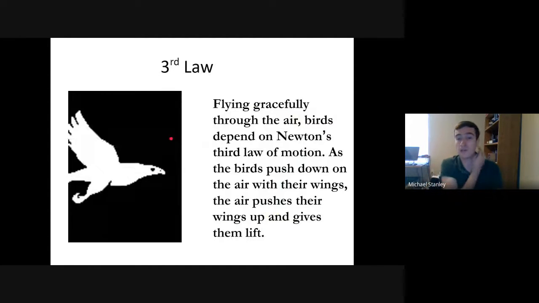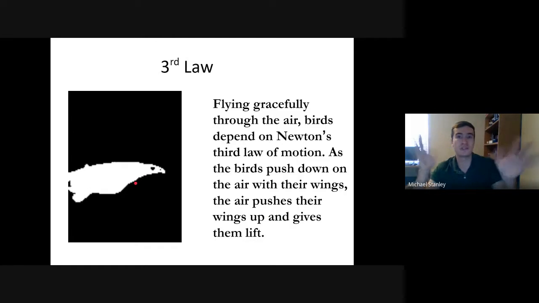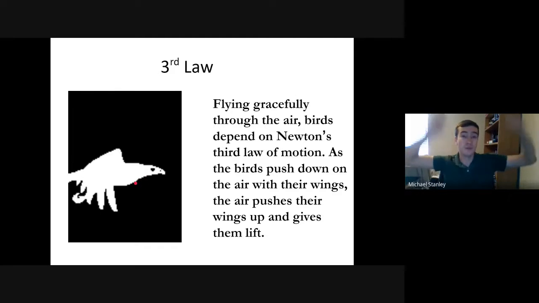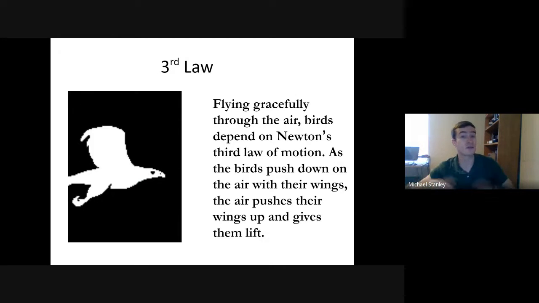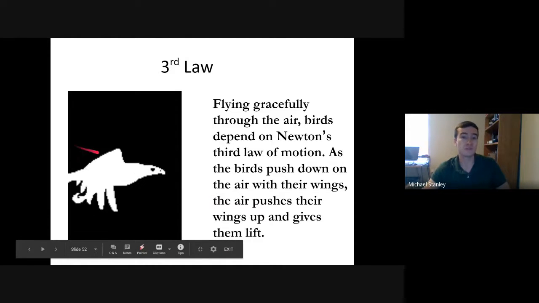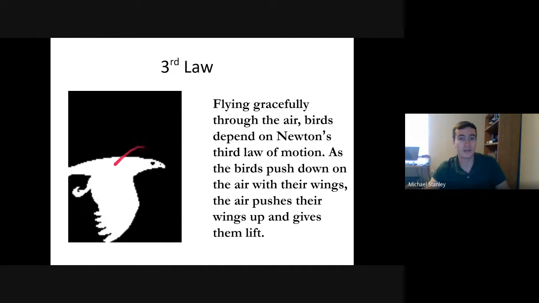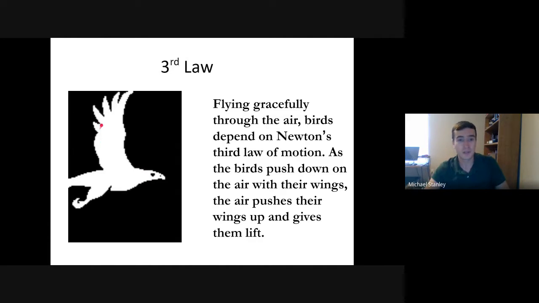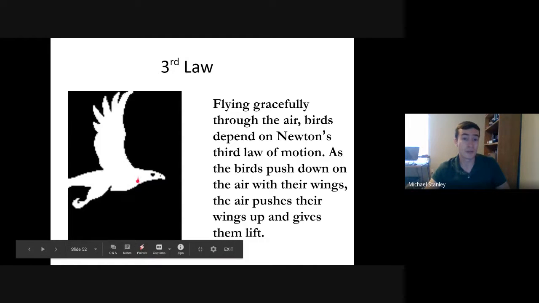Another good example is how birds fly. Birds have these wings, and they move their wings through the air, and as they push on the air, that's what allows them to fly. So birds push their wings down, right? And you can see that in the little GIF here. The bird's wings are going down, and whenever that happens, the body of the bird goes up.